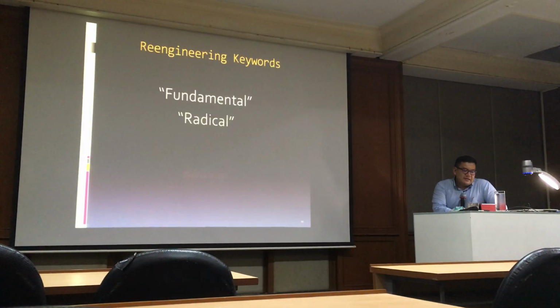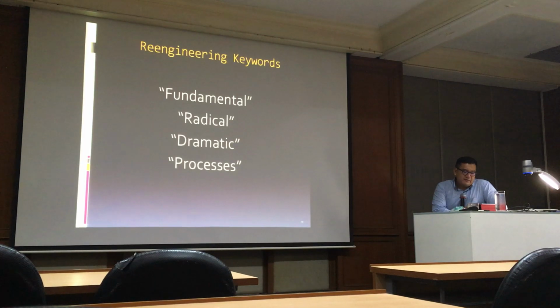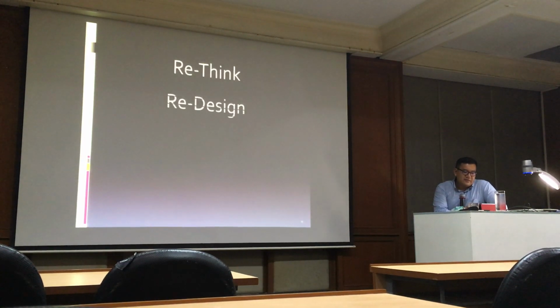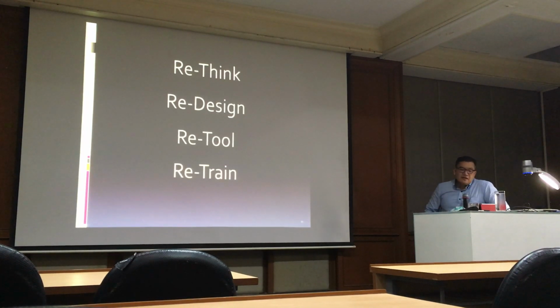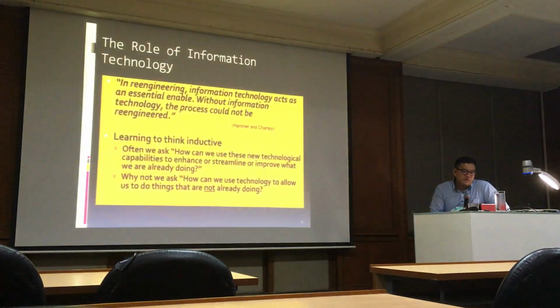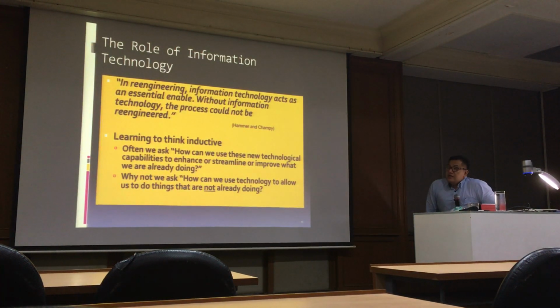So the re-engineering keywords are fundamental, radical, dramatic, and processes, as I showed you. So we need to rethink, redesign, retool, and retrain. And the most important tool for re-engineering is information technology.